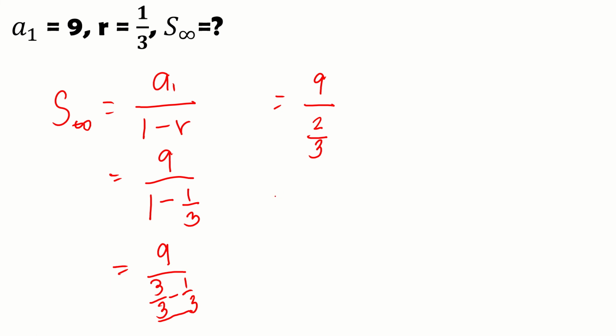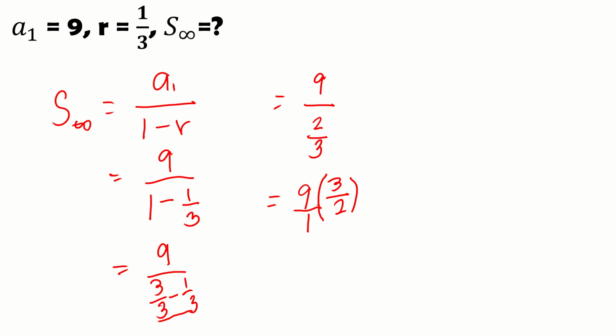So simplify lang ulit natin, di ba pag nagdi-divide tayo, ano yung mangyayari na sa divisor? Kapag sa fractions, di ba kukuhanin natin yung reciprocal niya, then proceed na tayo with multiplication. So we will have 9 times the reciprocal of 2/3 will be 3 over 2. Alam naman natin na lahat ng whole numbers ay may imaginary na denominator na 1.